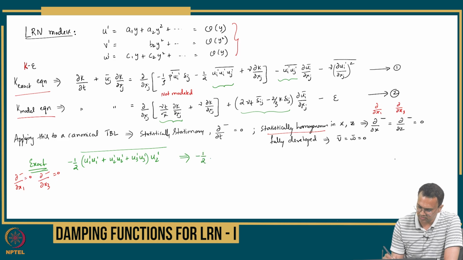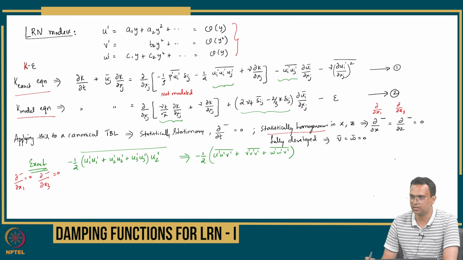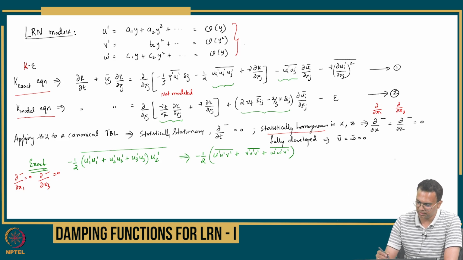For consistency, I can write this as u prime v prime, plus this is v prime v prime, plus w prime v prime. These are the three terms here. For consistency, I am writing. Now, let's call this equation star here.